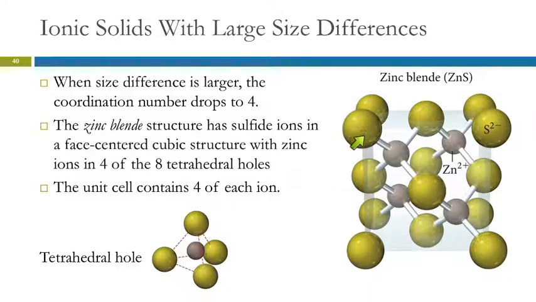So here we've got this one, and this one. These are 4 arranged in a tetrahedron, and the zinc ion is sitting in the hole. There are actually 8 tetrahedral holes in this unit cell, but the zinc ions will only be in half of them because we have to have a 1-to-1 ratio.